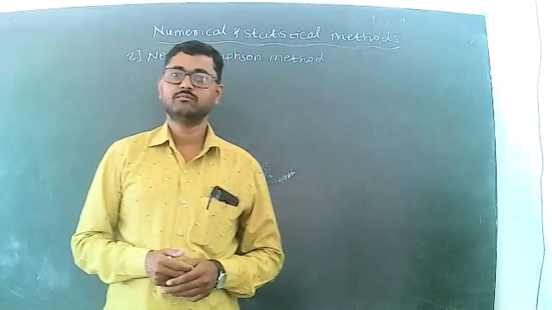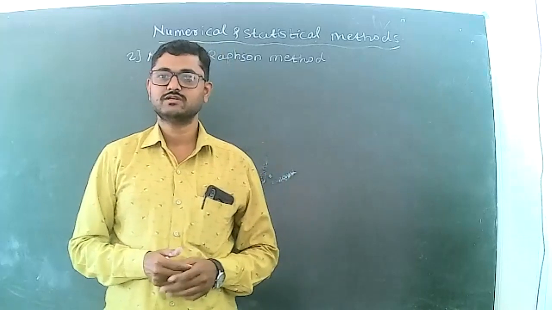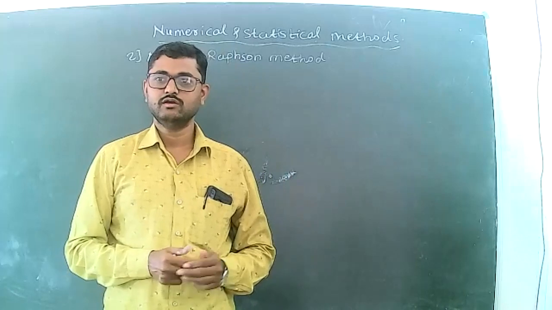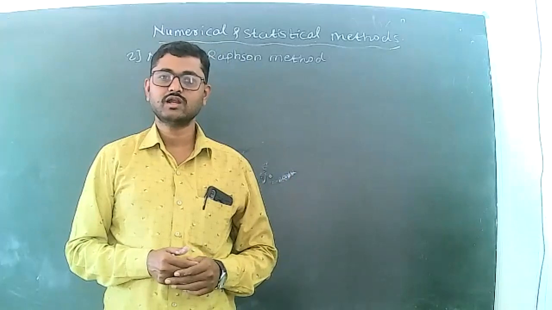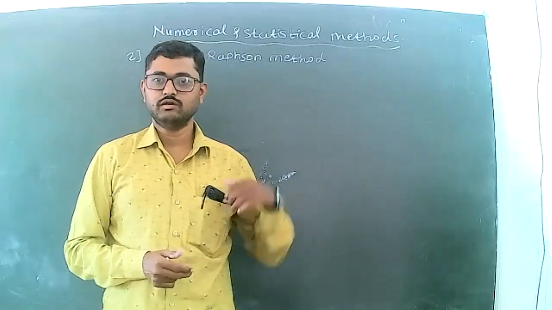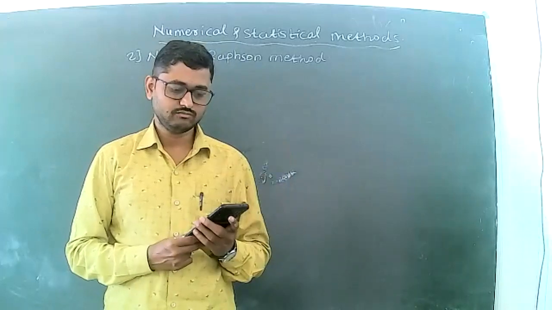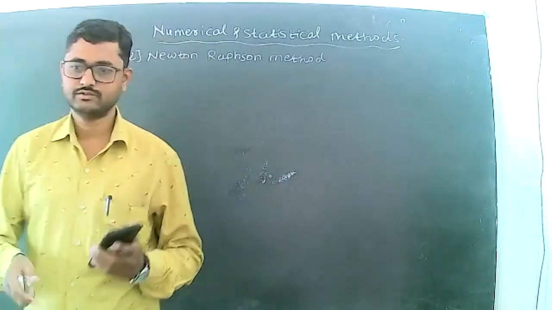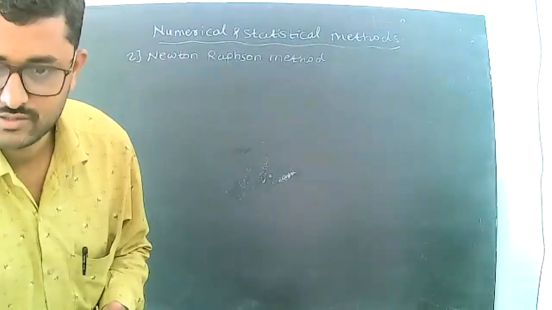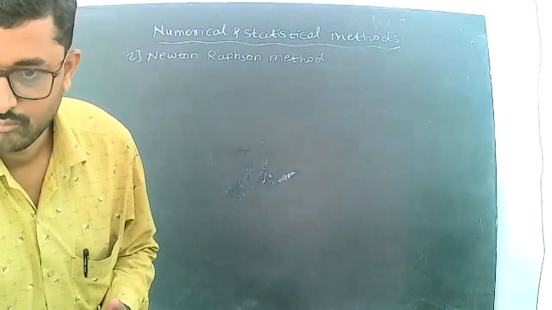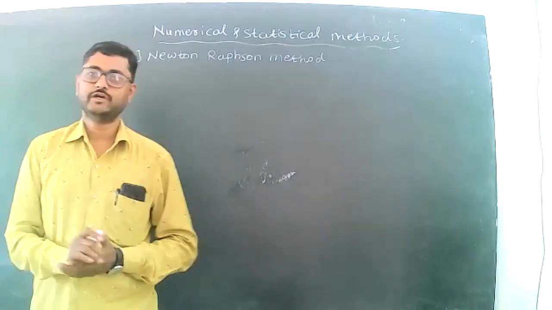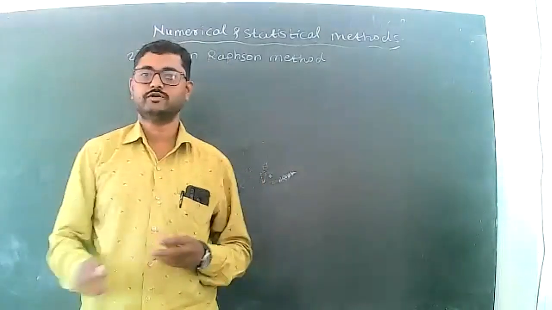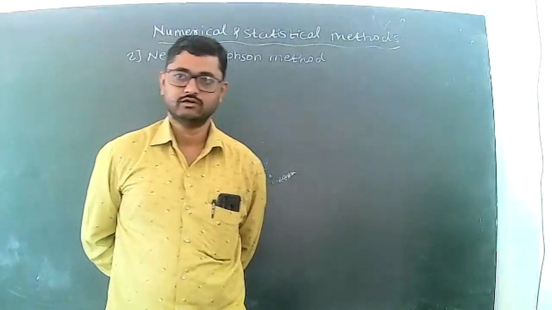Part B of unit 1 is simultaneous equation, where there are three important methods to solve equations. Today we solve a numerical based on the Newton-Raphson method.